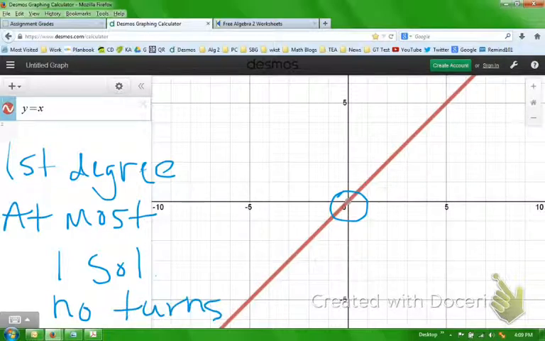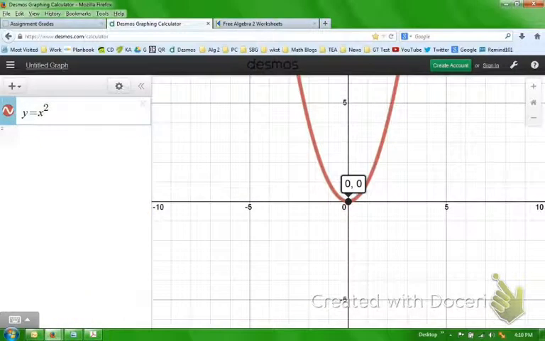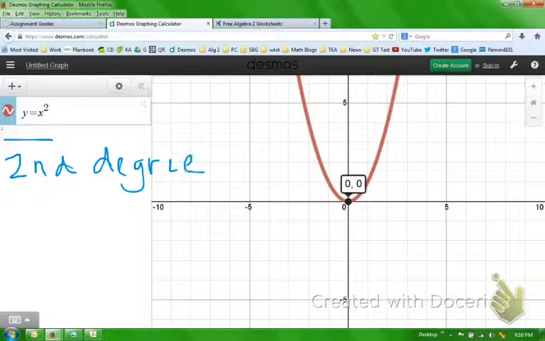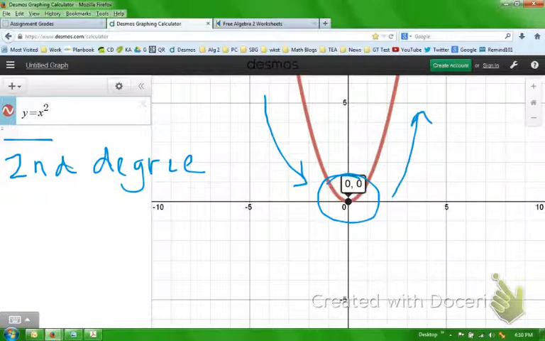Now, if we want to go to our second degree, let me get that one up. All right, if you look at this one, this is y equals x squared. It is a second degree because the exponent is 2. You can see pretty easily it has one turning point, meaning the graph is going down, hits this point, and it goes back up.